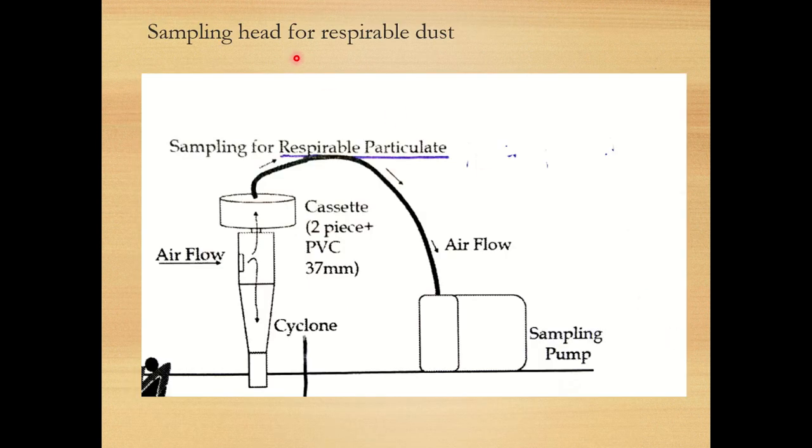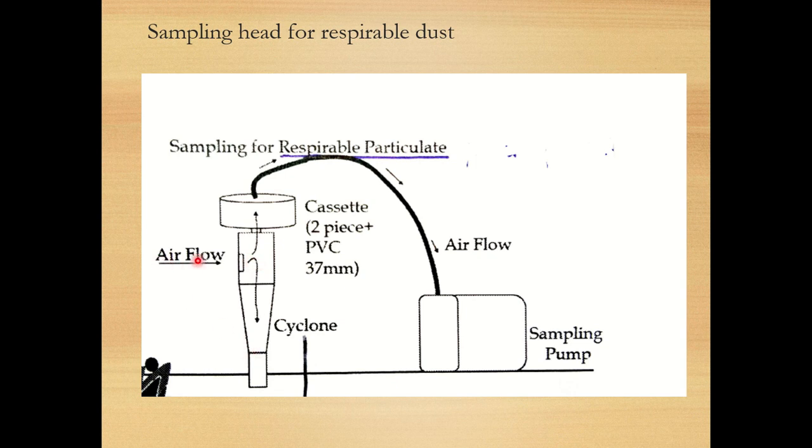Okay, this is the sampling head for respirable dust. What is respirable dust? Respirable dust is dust with a size of less than 10 micrometers, so it is very small dust. For respirable dust we need to use a cyclone. Why do we need to use a cyclone? Because respirable dust has a very small size. With the cyclone, we can capture the larger particles here.